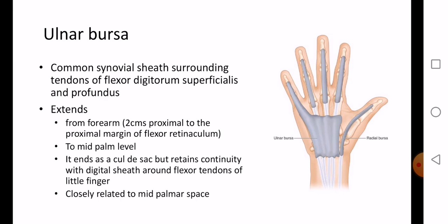A blind pouch or a blind ending. So it ends as a blind end but retains continuity with the digital sheath around the flexor tendons of the little finger. And it is closely related to which space? In this area, which space is coming? You have the mid-palmar space. So the radial bursa is related to the thenar space and the ulnar bursa is related to the mid-palmar space.